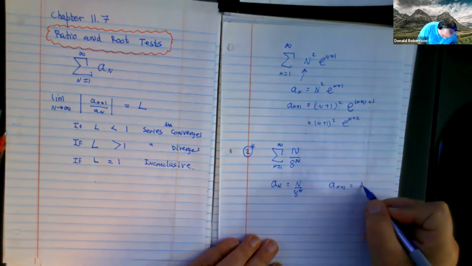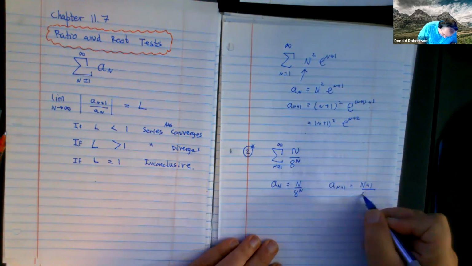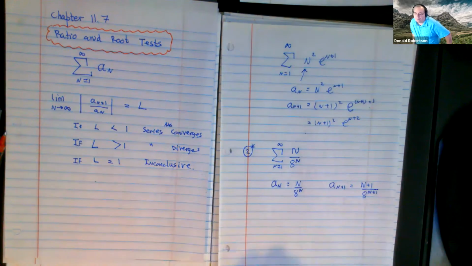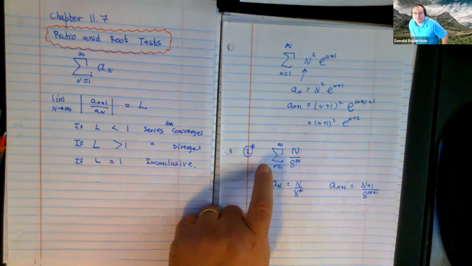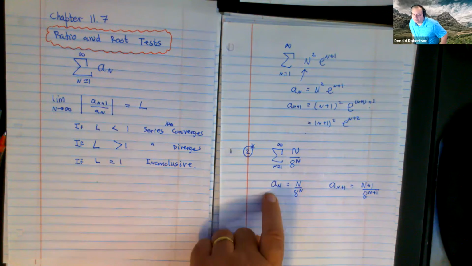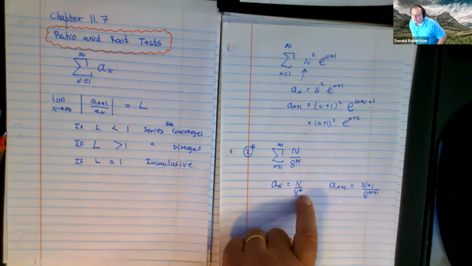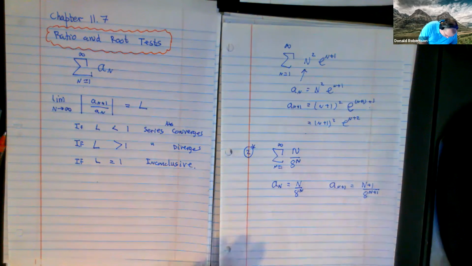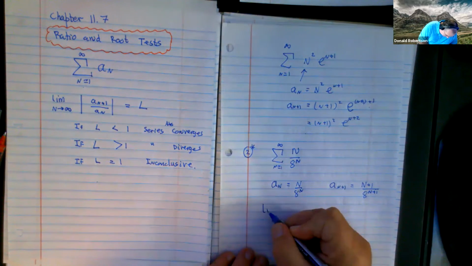And wouldn't he just be n plus 1 over 8 to the power of n plus 1? Are you happy about what I've just done? Here's the question. We're being asked to use the ratio test to see if it converges or not. First thing I do is identify who the a_n is and use that to figure out who a_n plus 1 is. Okay. Then what I would do is I would find this fella.